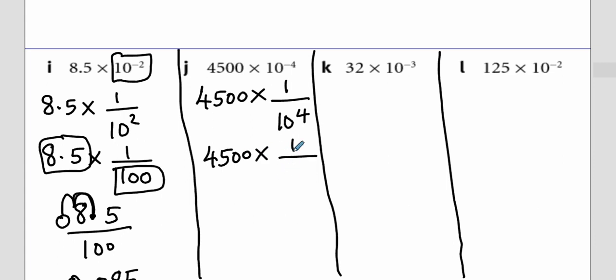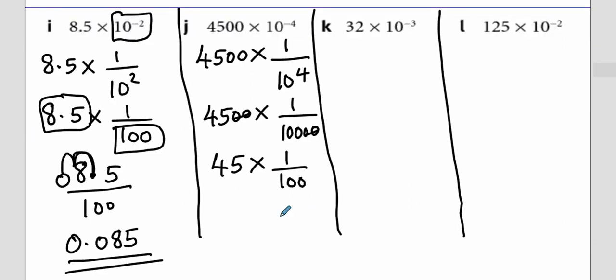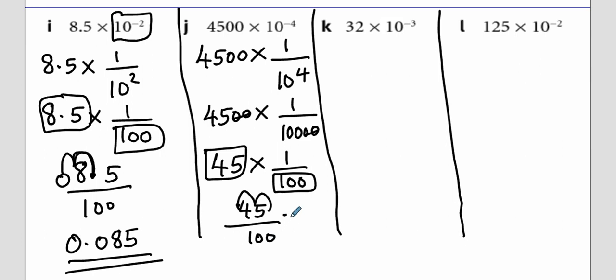We said that is 10 times 10 times 10 times 10, which is 10,000. Now you can cut these zeros and this calculation reduces to 45 times 1 over 100. Now when you reach here, you do 45 divided by 100. 100 has 2 zeros, so you count 2 numbers, and then the answer becomes 0.45.